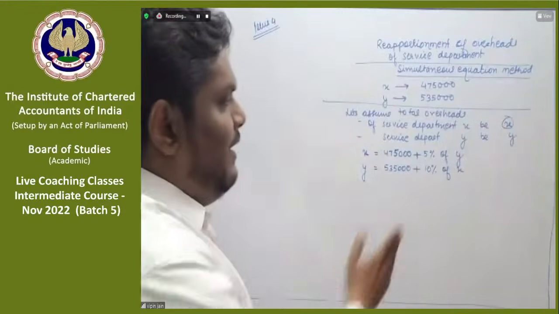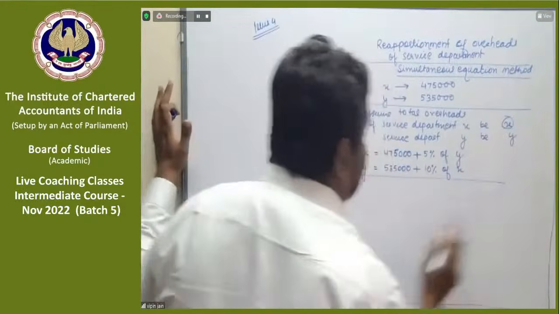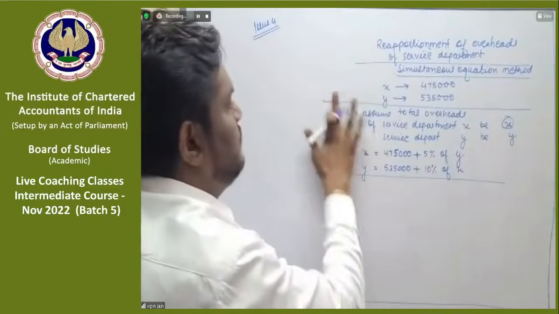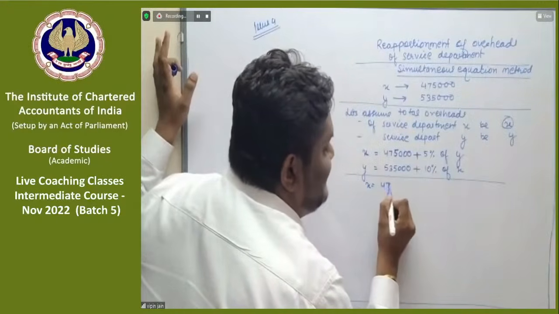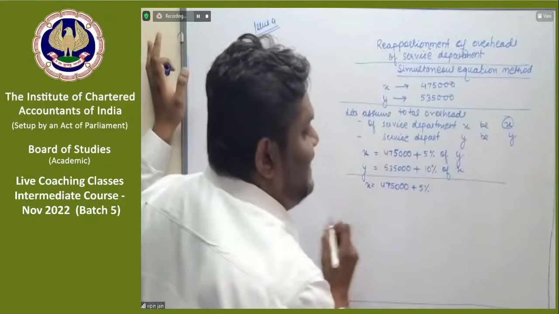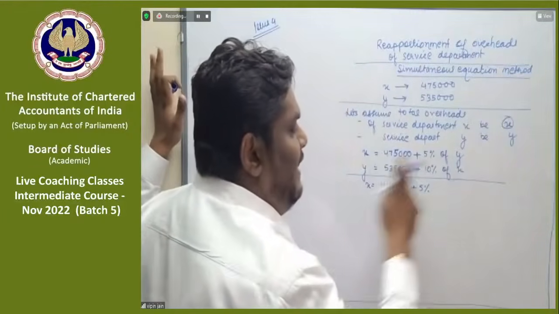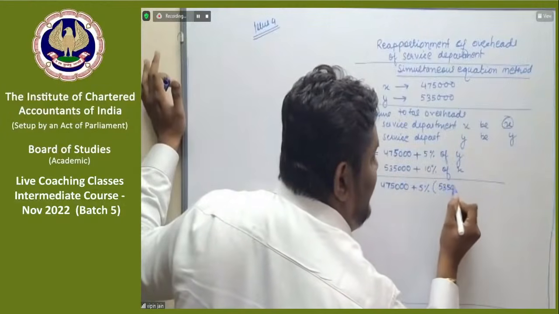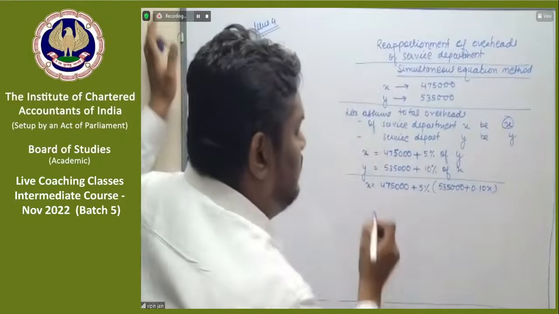Great, guys. Now let's solve this equation. So X will be equal to 4,75,000 plus 5% of Y. And the value of Y is how much? Y is equal to 5,35,000 plus 0.1x.